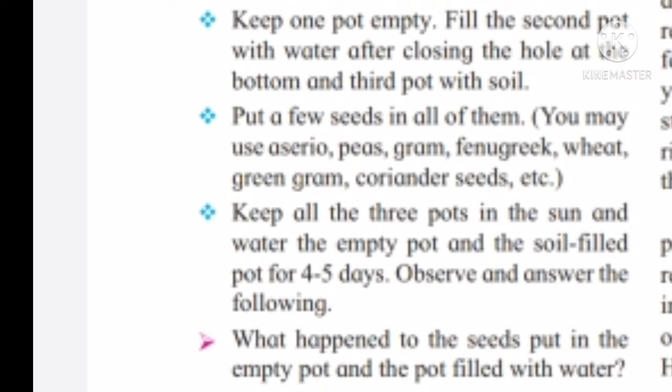What happened to the seed put in the empty pot and pot filled with water? Seeds in the empty pot and pot filled with water did not germinate and did not show any sign of growth. Now, what happened to the seeds put in the pot filled with soil?